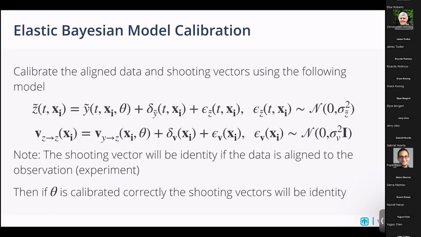As I mentioned previously, the shooting vector will be identity if the data is aligned to the observation upon successful completion. So if data is calibrated correctly, the shooting vectors will be identity and the aligned functions will match the experiment. You also could, depending on your data, align everything to a common reference frame, say one of your simulations, and then you wouldn't have that property, but the framework still holds.